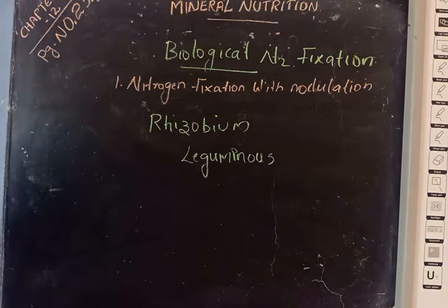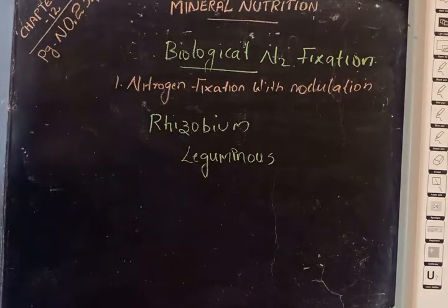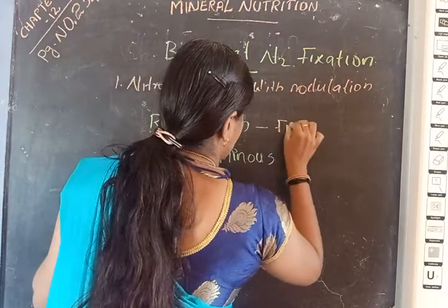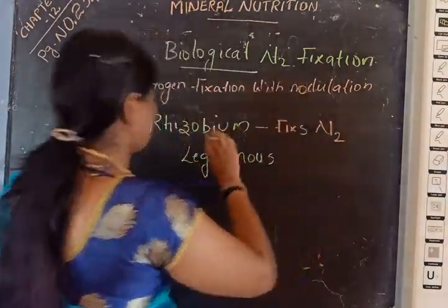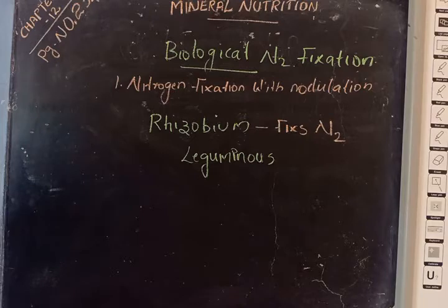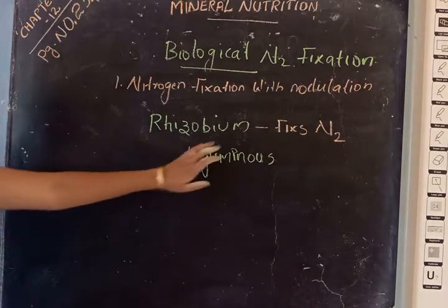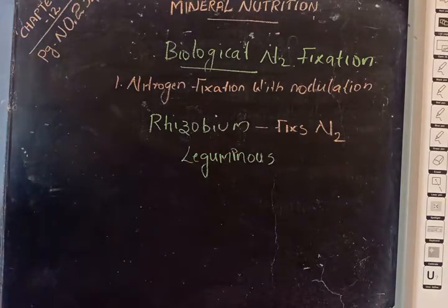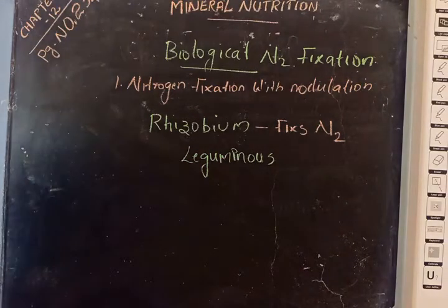So members of the Leguminosae family contain Rhizobium bacteria, and these Rhizobium bacteria fix nitrogen. How they fix nitrogen is that Rhizobium produces nodules, root nodules. The symbiotic association between the Rhizobium and the plant shows the formation of root nodules.